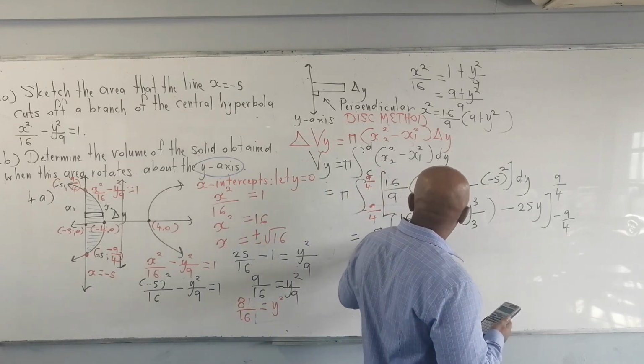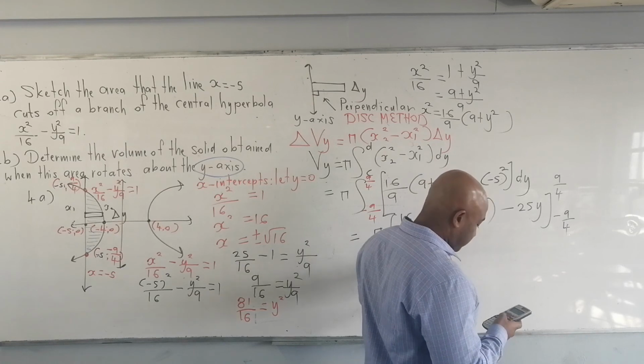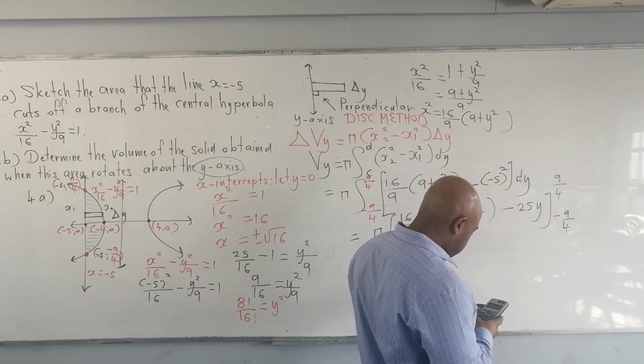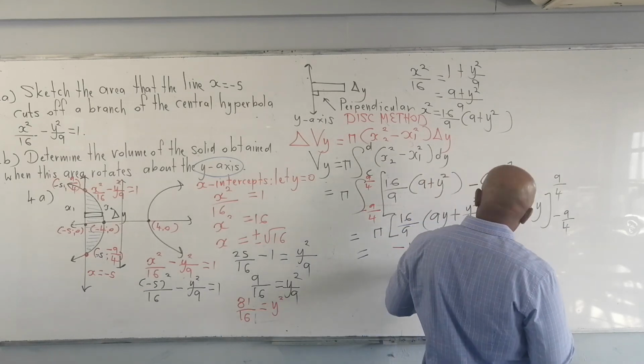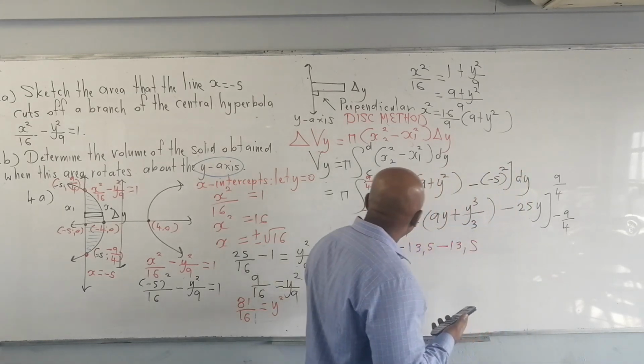I get minus 13.5. Calculate, substitute minus 9 over 4. And I get minus 13.5.